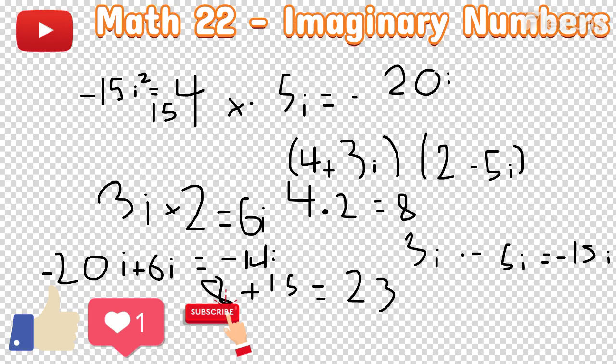Therefore, we have that 4 plus 3i multiplied by 2 minus 5i is equal to 23 minus 14i.